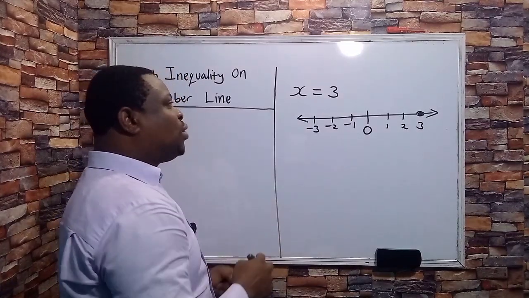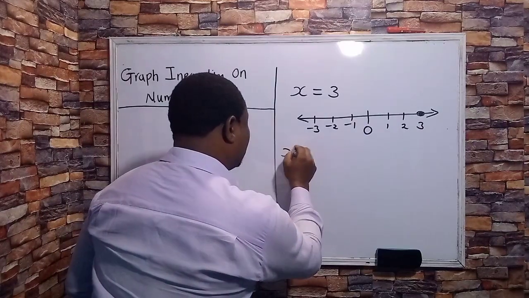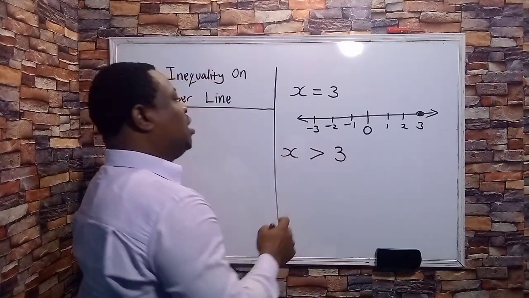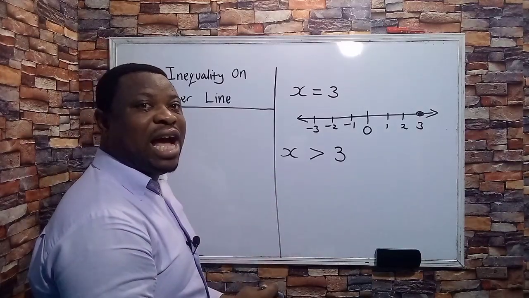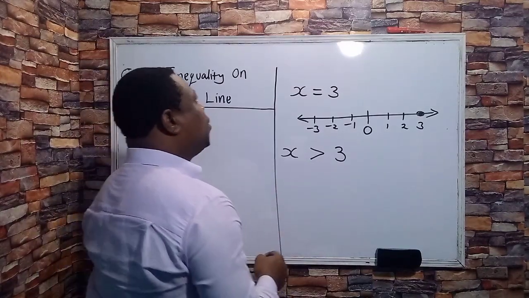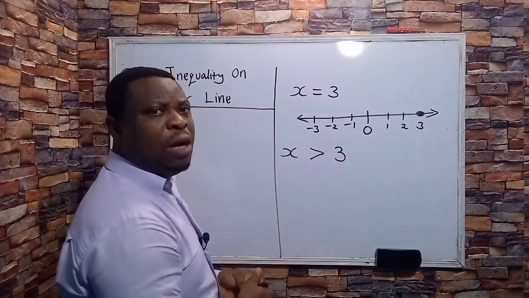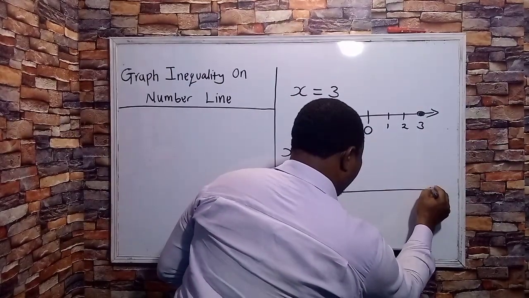Now, let us assume that you are given something like x is greater than 3. This is what we call inequality. X is greater than 3. Now, x is greater than 3 can be represented on the number line. And how do we represent it on the number line? Simply, you draw your number line.